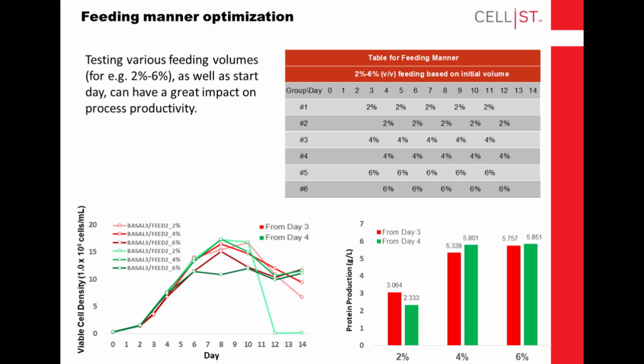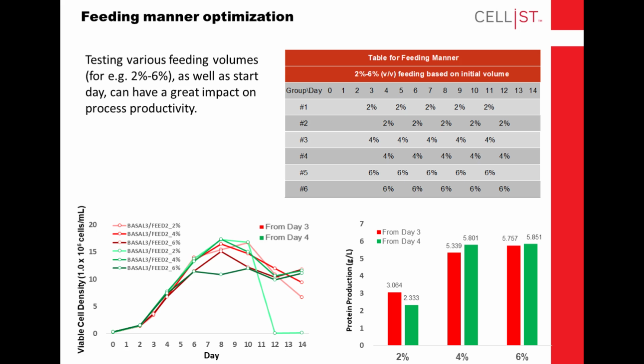Red and green mean starting on day 3 or 4 doesn't make such a big difference, and also increasing to 6% didn't improve the titer. So we can assume the actual optimal feeding manner is between 4 and 6%. Now, there is also the issue of varying the amount of feeding at every time point, what's called dynamic feeding or variable feeding, but on that I will touch later.